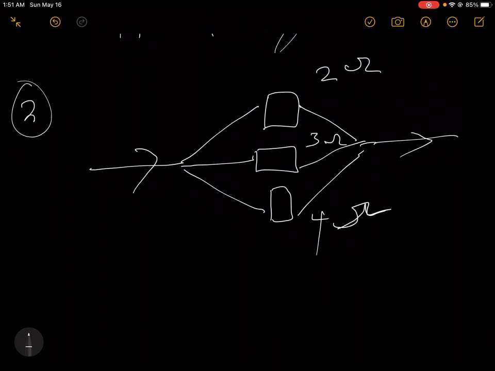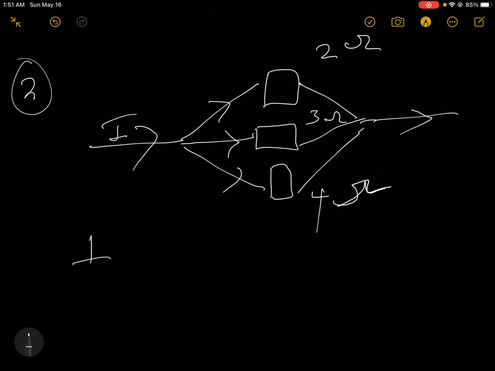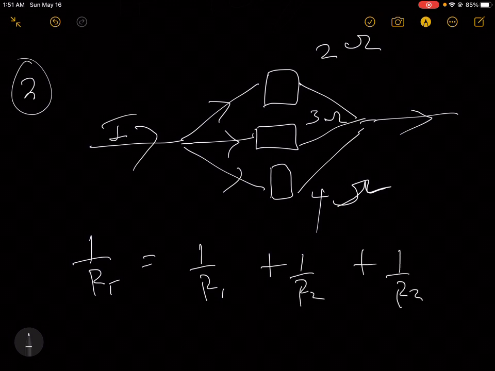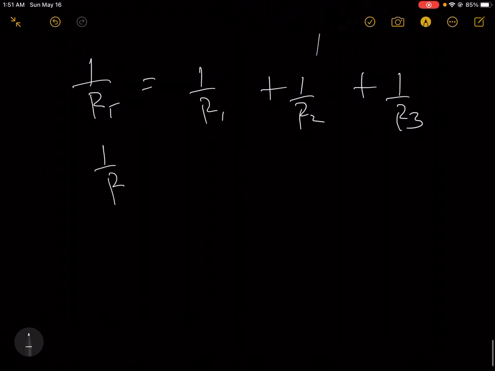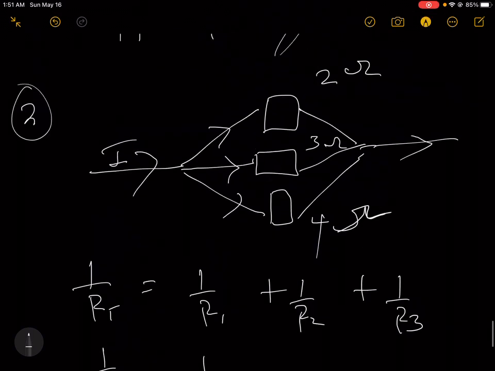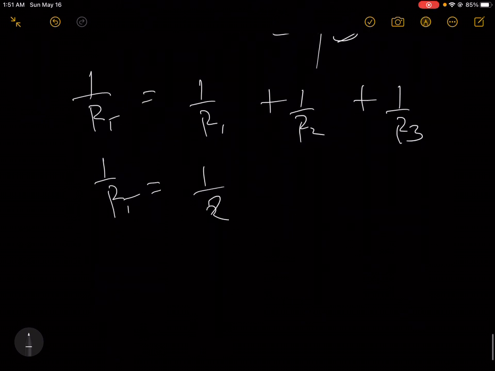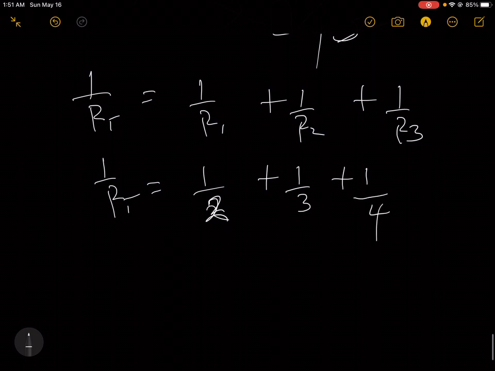Now in this connection, you can see the division of currents, different currents. This is a parallel connection, so we resolve it with 1 over RT equals 1 over R1 plus 1 over R2 plus 1 over R3. So resolving these, we have 1 over RT equals 1 over 2 plus 1 over 3 plus 1 over 4. I think if you solve this, let me try and solve this quickly.